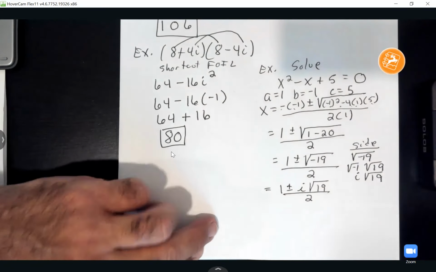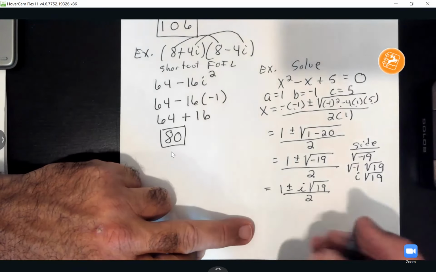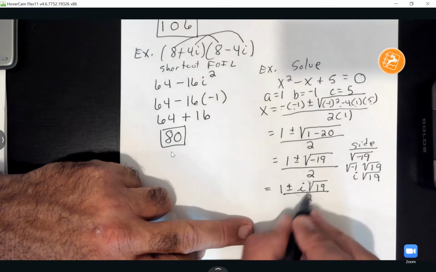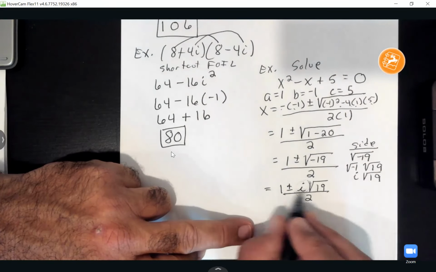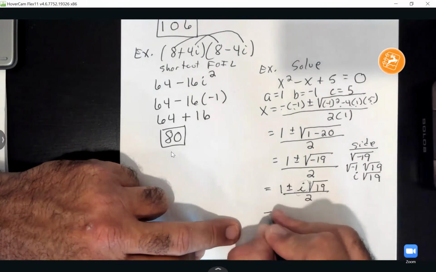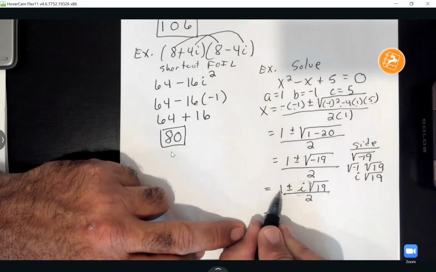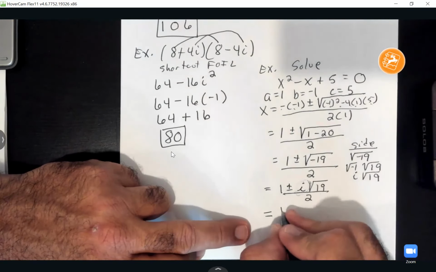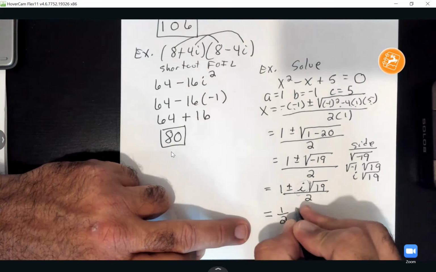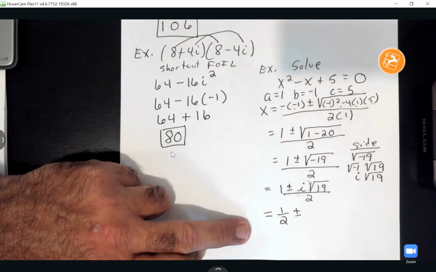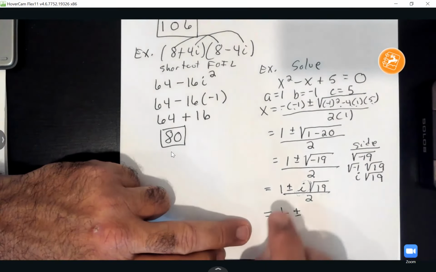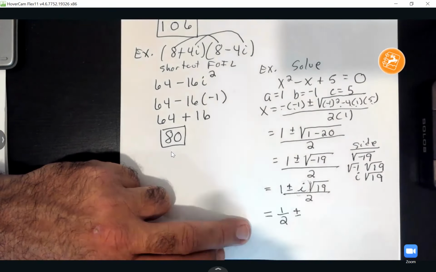And do y'all remember when we did the quadratic formula, anytime we ended up with the i, we had to write this as 2 fractions. So the first fraction is going to be the 1 divided by 2. Then you're going to write your plus or minus. Now, at this point, I always put my i at the end, but you don't have to.